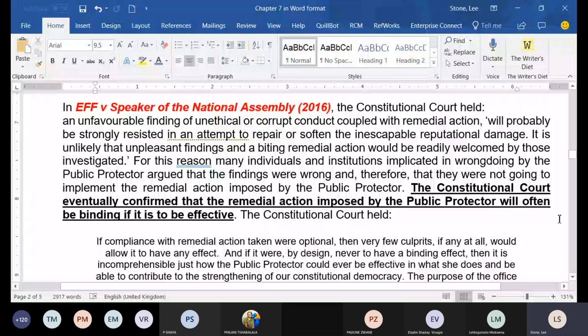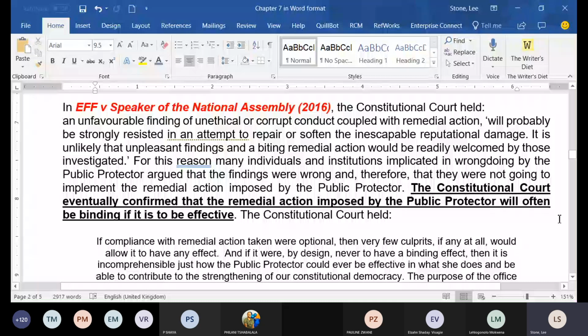To make it clear that serve at the public protector, and where money is invested in the office of the public protector, yet these decisions of the public protector are meaningless.